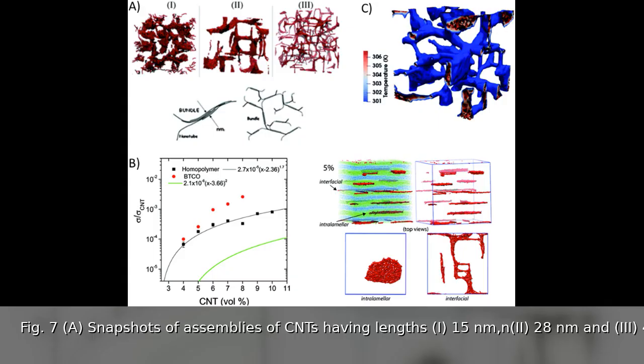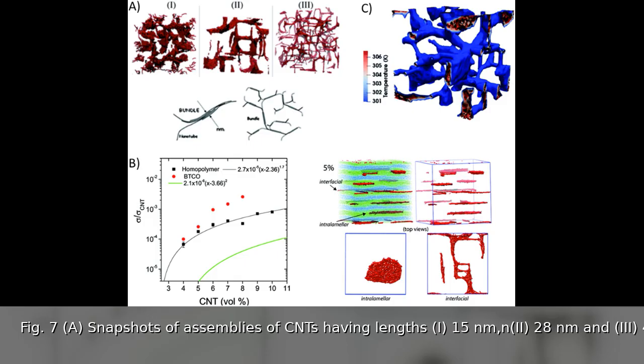Figure 7 illustrates the modeling of carbon nanotube (CNT) assemblies using HPF-MD simulations. Panel A shows snapshots of CNT aggregates of varying lengths, 15 nanometers, 28 nanometers, and 43 nanometers, highlighting how bundle morphology evolves with aspect ratio.